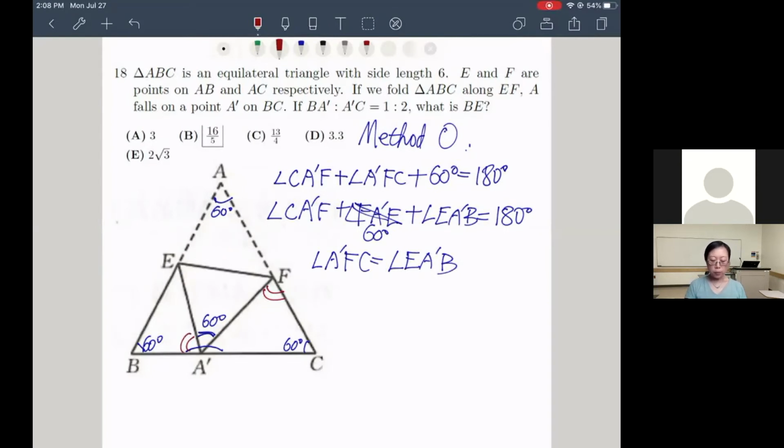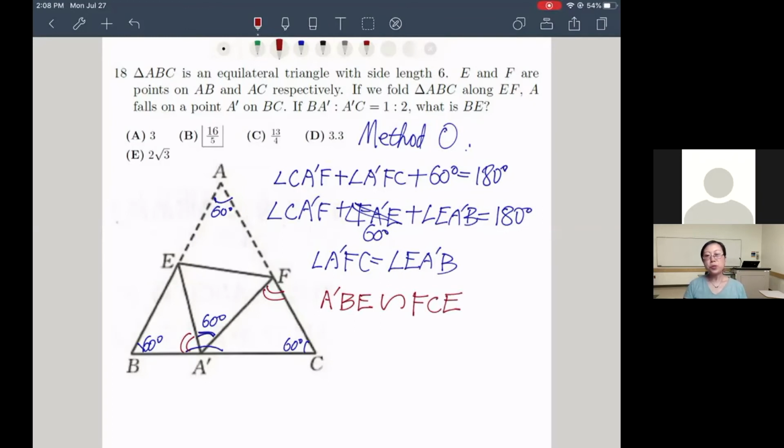So we have two pairs of angles that are the same among these two triangles, which tells us that the triangle A prime BE and FCE are similar to each other.